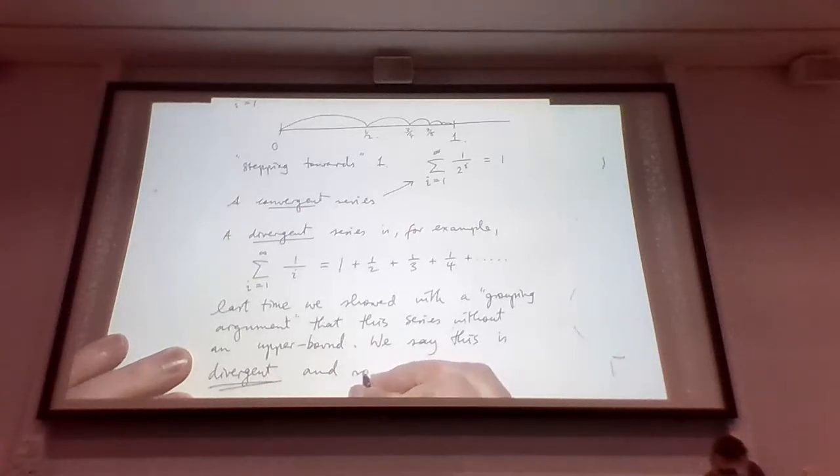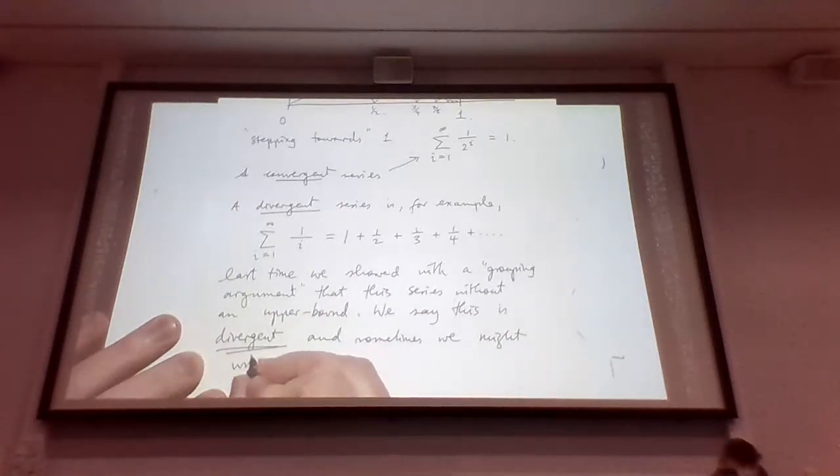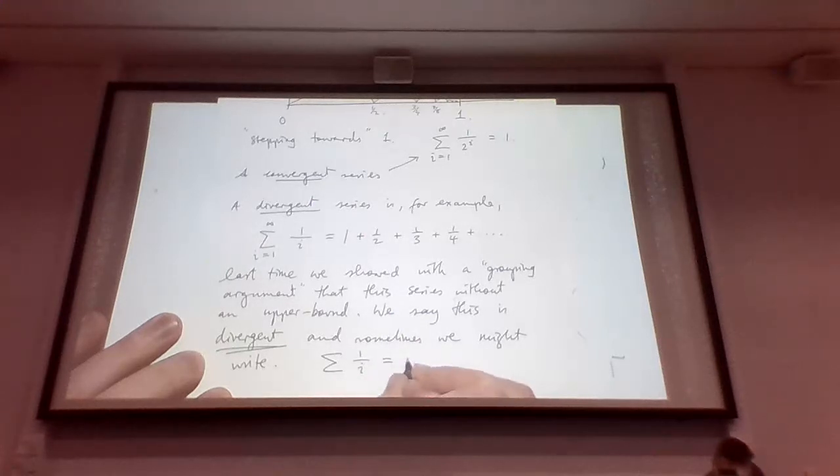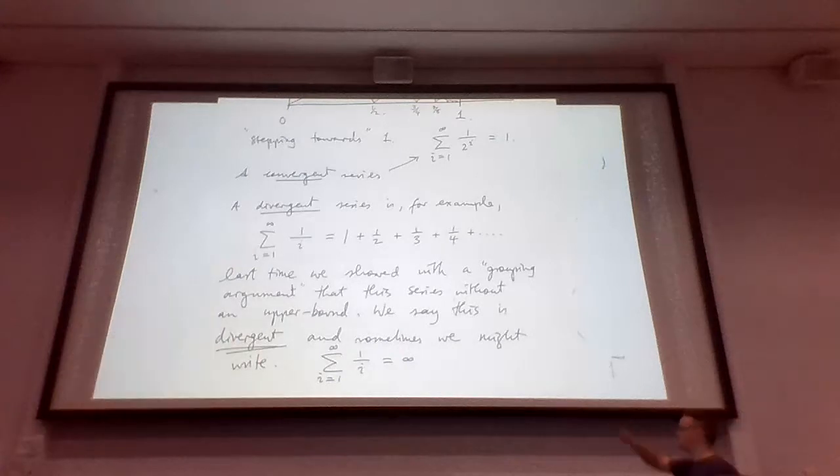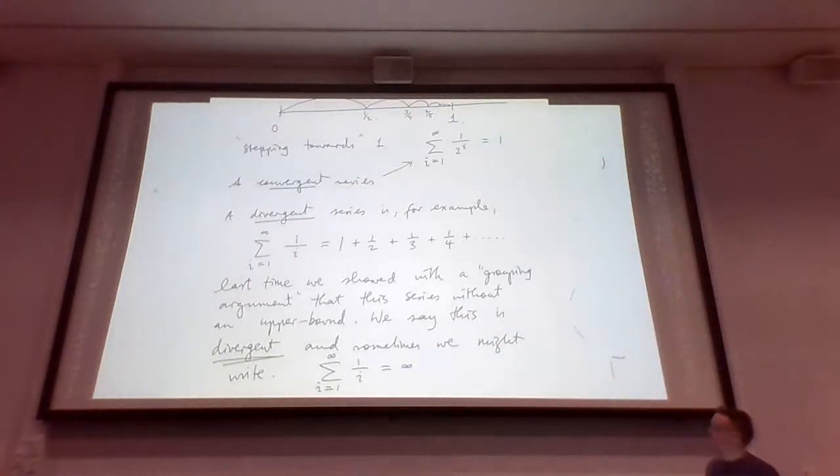And sometimes we might write this, although there are disadvantages to writing this kind of thing, but sometimes you might see people write this, and it's not unreasonable to write that. The drawback is that it kind of implies infinity as a number, just like the number 1, which it isn't.